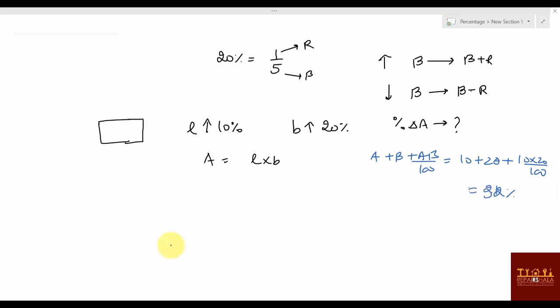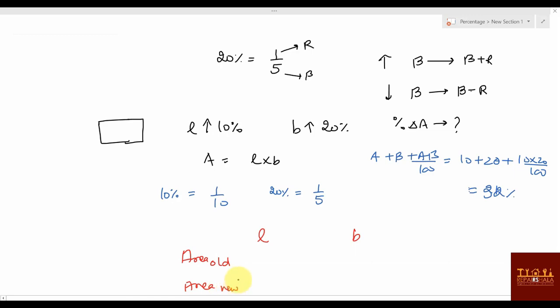Another way of doing it, you can say 100 then plus 10 plus 20. And one more way of doing it is, you can write that 10 percentage value is 1 by 10 and 20 percentage value is 1 by 5. I'm going to write the length component here, the breadth component here, and the area old value and area new value.